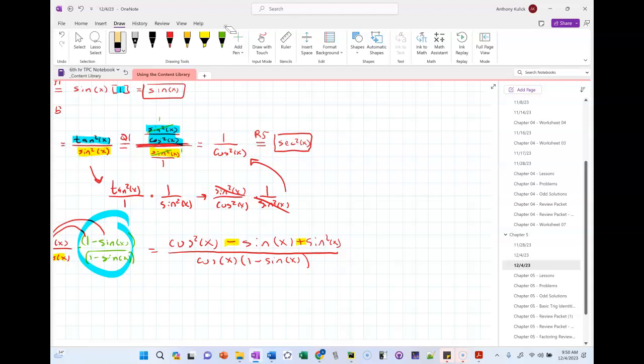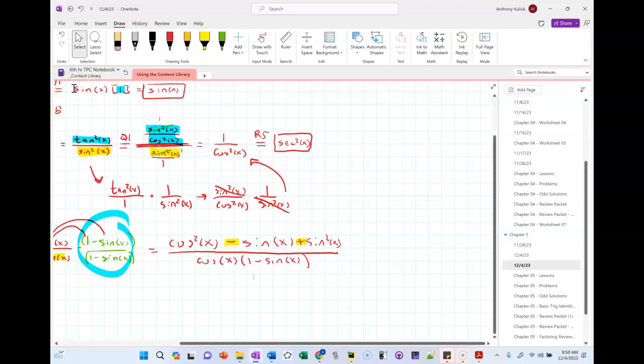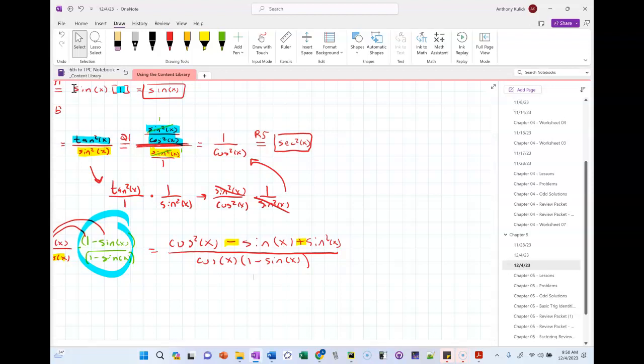No. So if I look at what I have and all of the insides are the same, like they're all x, for example, I would never use an odd-even, and I would never use a cofunction. Those ones I'm going to use to make the inside x for everything so I can reduce and combine things. But if all the insides are the same, I'm not touching any of the cofunctions or any of the odd-evens. Emily.